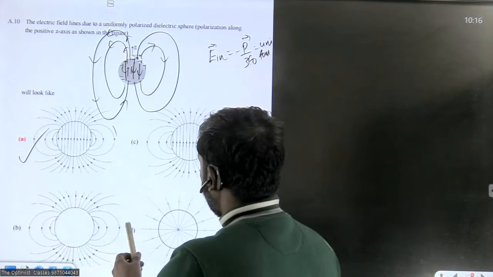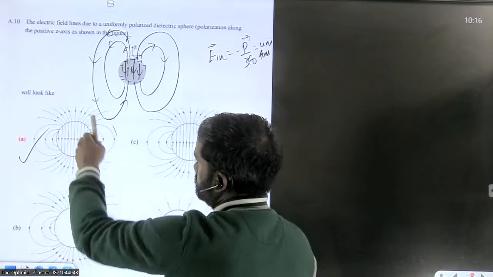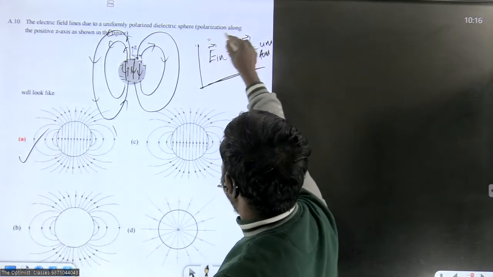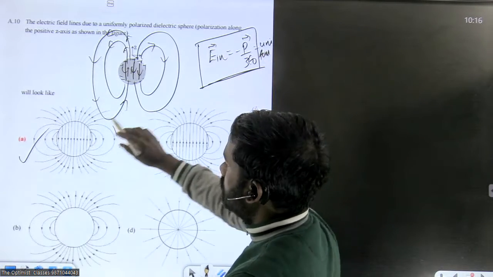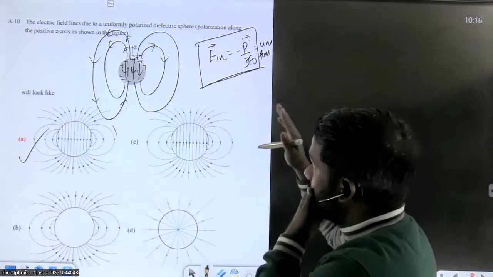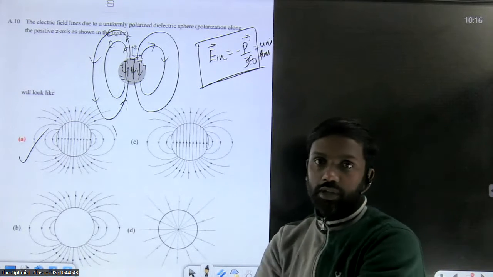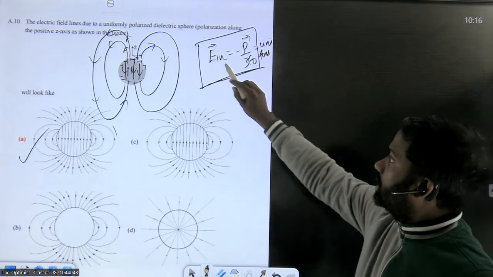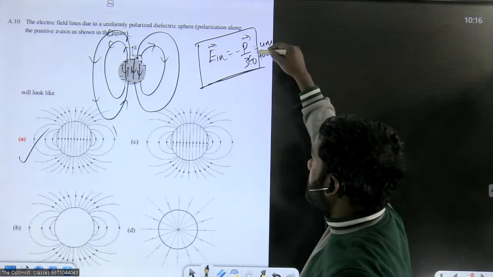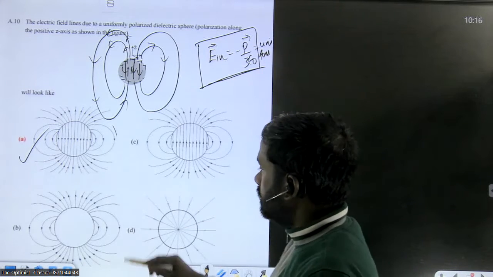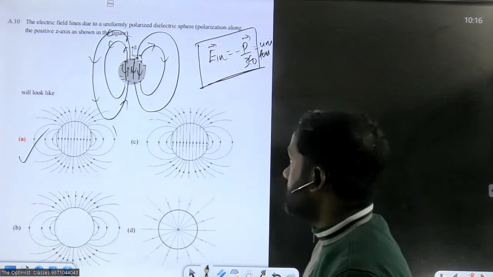You see the field line is given to be downward only in option A. So if we know this formula, we get option A from it, because inside a uniformly polarized sphere the field is minus P upon 3 epsilon naught; the field line must be straight because it is uniform, and it must be opposite to the polarization, and that is given only in option A. So option A has to be correct.